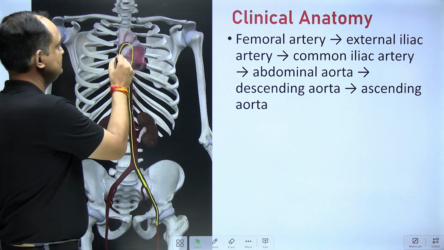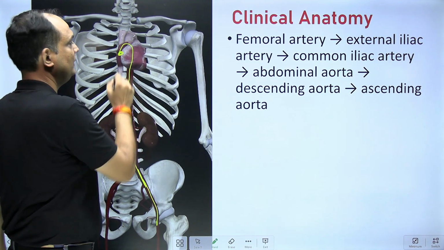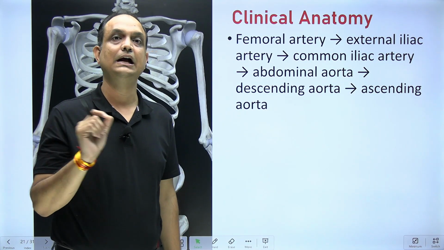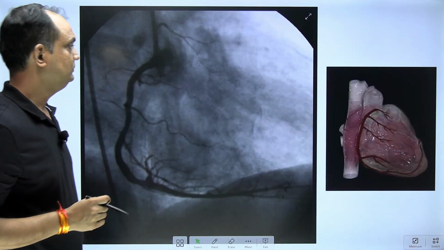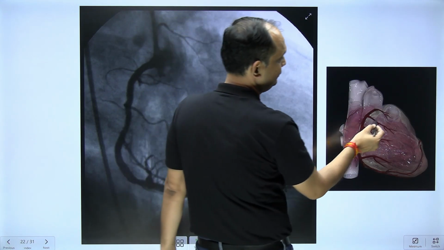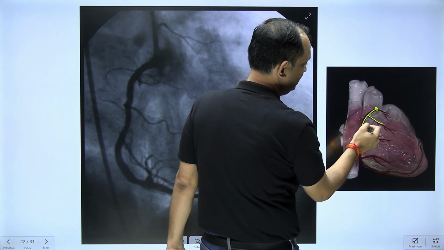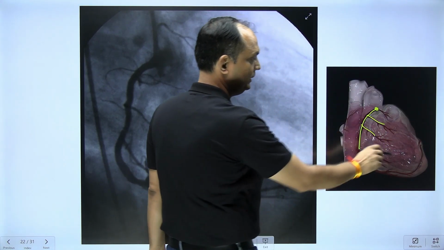Clear? And once you reach up to the heart, you will find the ostium or the opening of the coronaries, right and left coronary. Now then you will inject a kind of contrast dye, and this dye will go into these blood vessels. Now this is the right coronary artery.